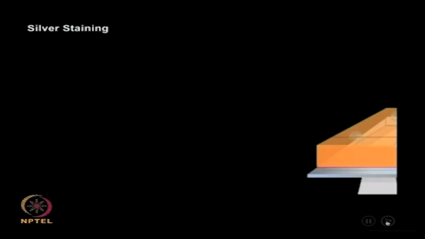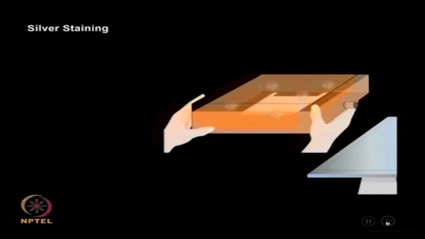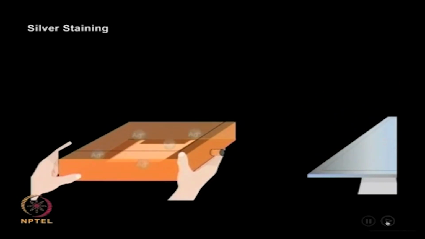The silver stained gels are first washed to remove any excess stain and then placed in a developing solution where the silver ions get reduced to metallic silver.